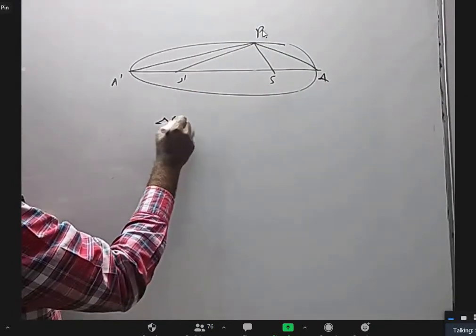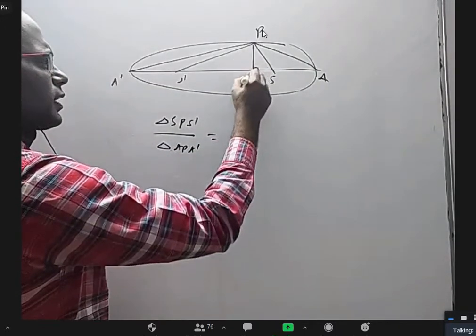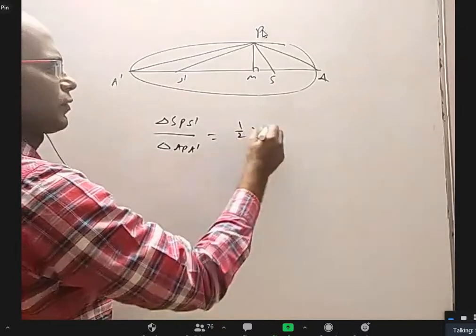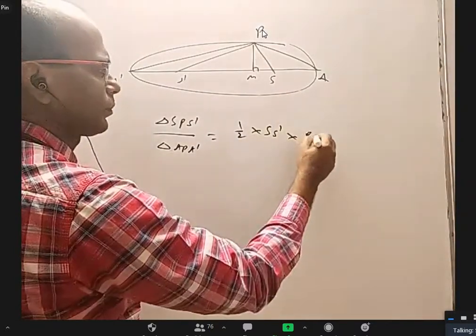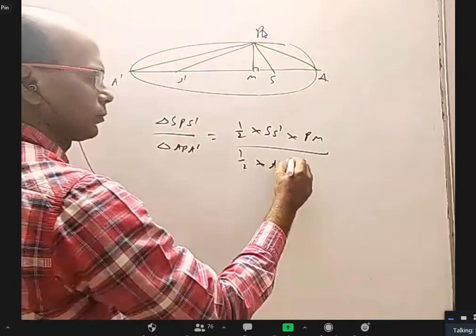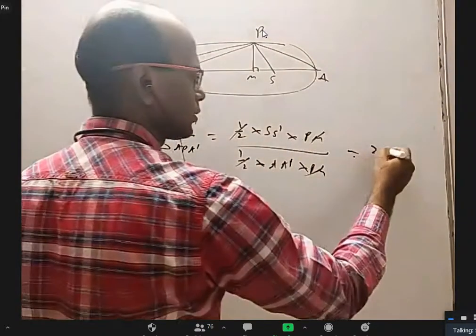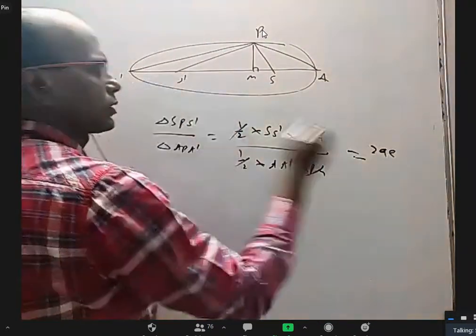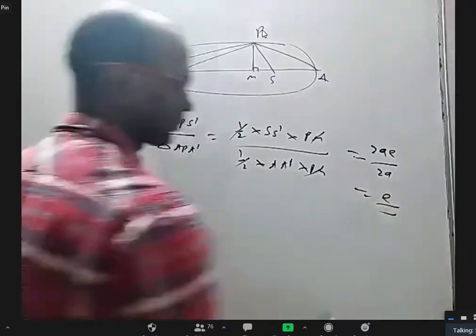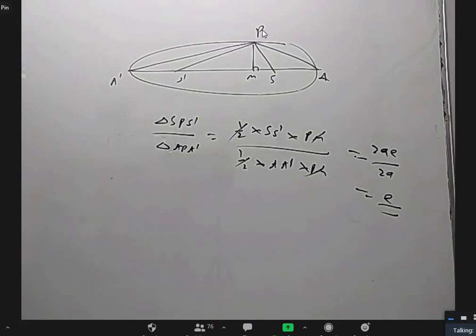They want triangle SPS dash area by triangle APA dash area. If we take this height as PM, this is half into base SS dash and height is PM. This is half into base AA dash, from here to here, and height is the same PM. SS dash is 2ae and the distance between the two vertices is 2a. Cancel, you will get it. This doesn't have to depend on parametric form. You can just do that. All right, 47.